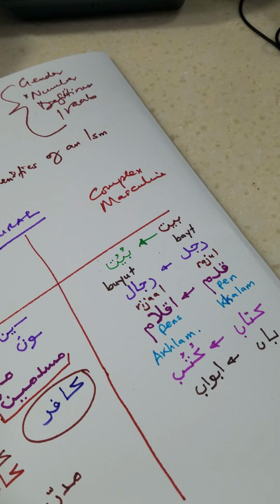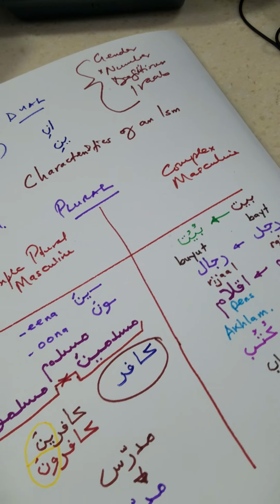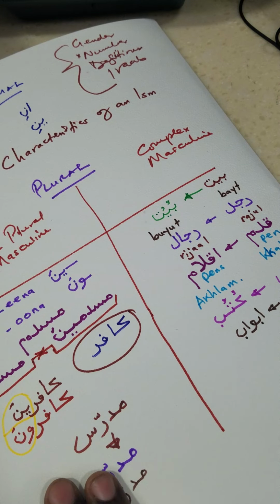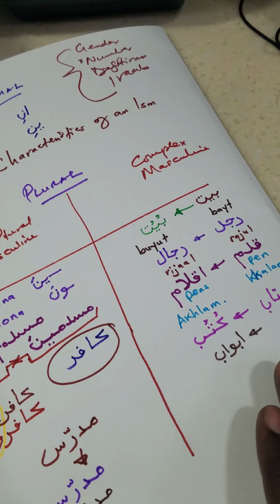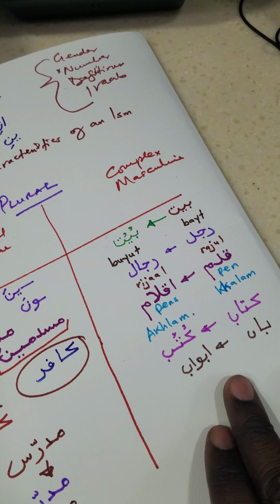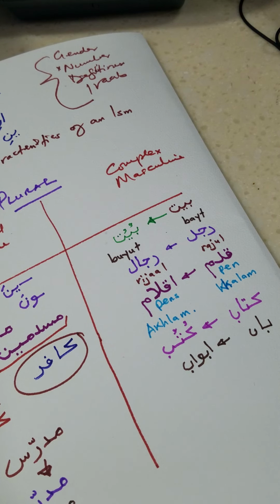Number one, there are some words which will take on the simple masculine plural and then the complex masculine plural. But before we step deeper into this, I expect you to be enriching your vocabulary. Here we have seen several words. Bait, and now when it's plural, it's buyut. Rajul for man, if there are many, rijal.